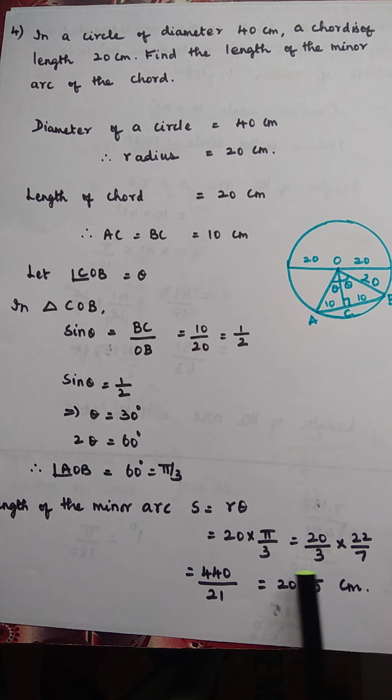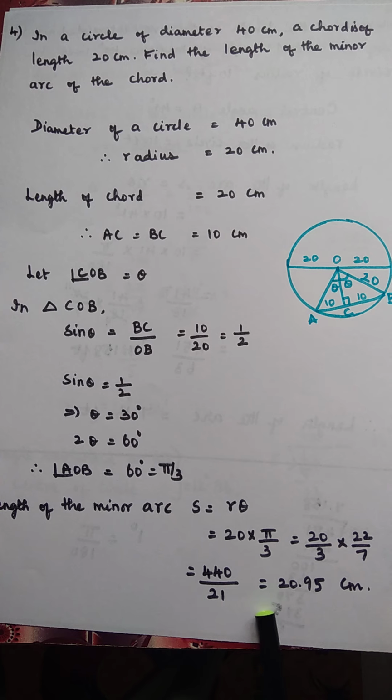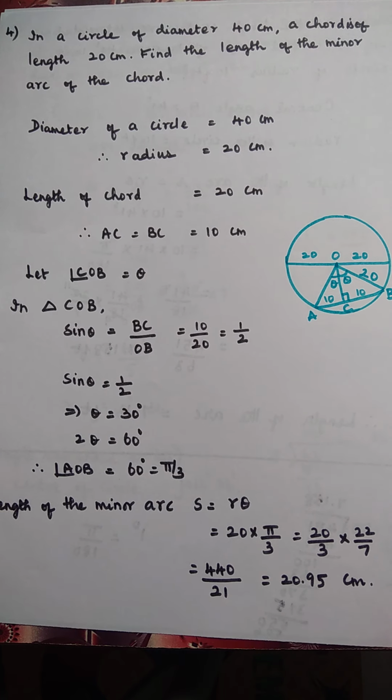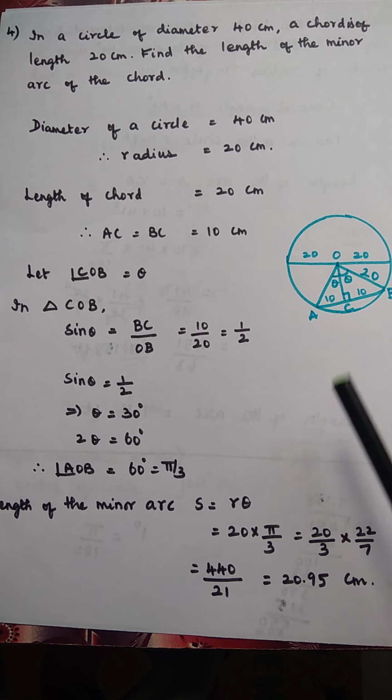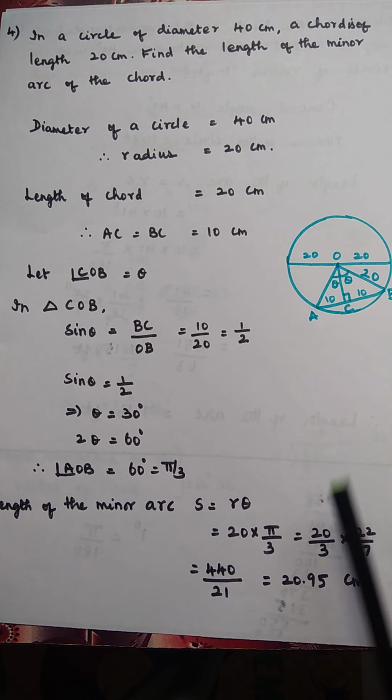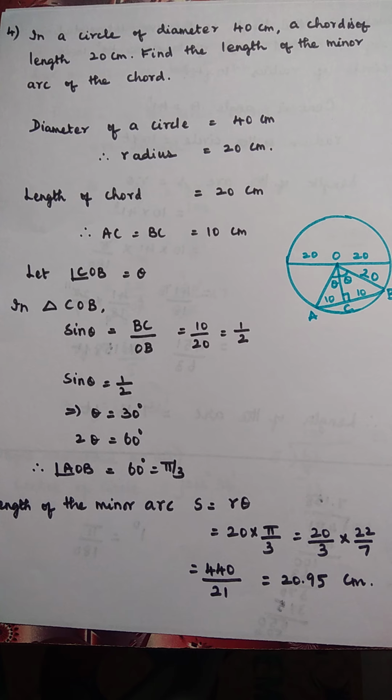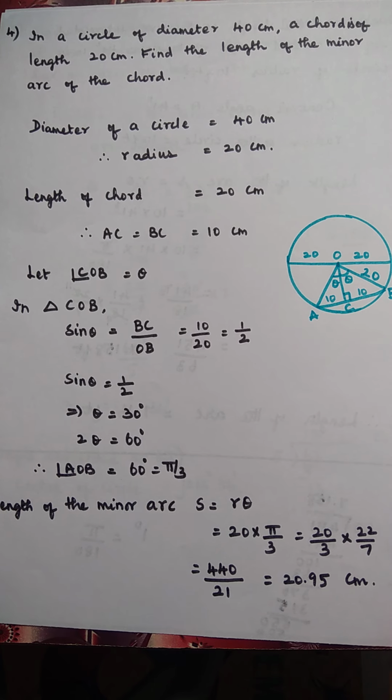So we find the length. 3 sevens are 21. 20 into 22, 440. 440 divided by 21, dividing we get 20.95 centimeter. So the length of this arc AB is equal to 20.95 centimeter.